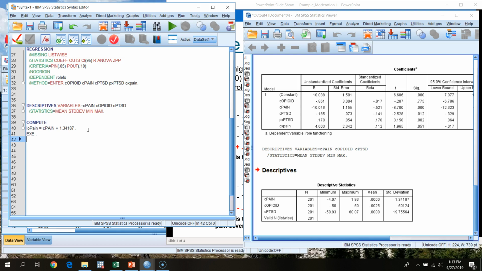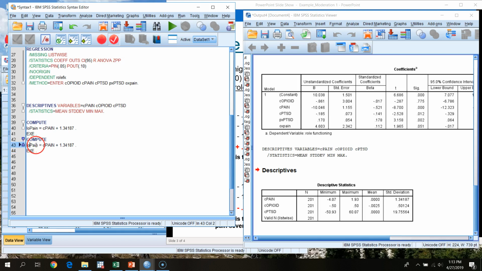And 0 in my low pain variable now corresponds to values that are a standard deviation below. So that creates my low levels of pain.